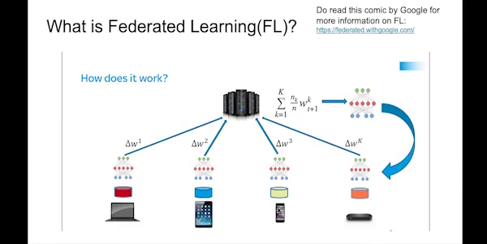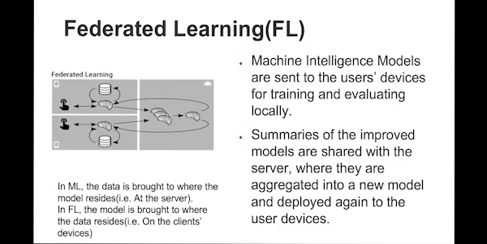So the solution for this was federated learning, which was developed by Google researchers in 2016. Here we have a global model that is deployed at the server, and this global model is also sent to each of the clients in the protocol.